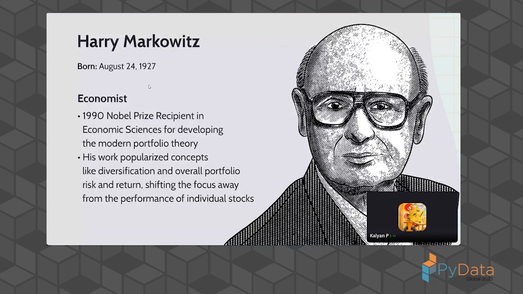Before we talk about the main theme of our topic, we need to understand the man behind it, Harry Markowitz. He's a popular American economist, also called the father of modern portfolio theory, and he won the Nobel Prize in 1990 for developing it.